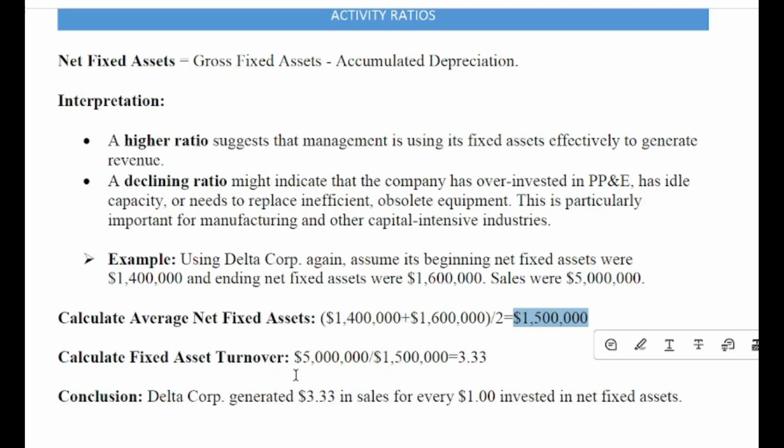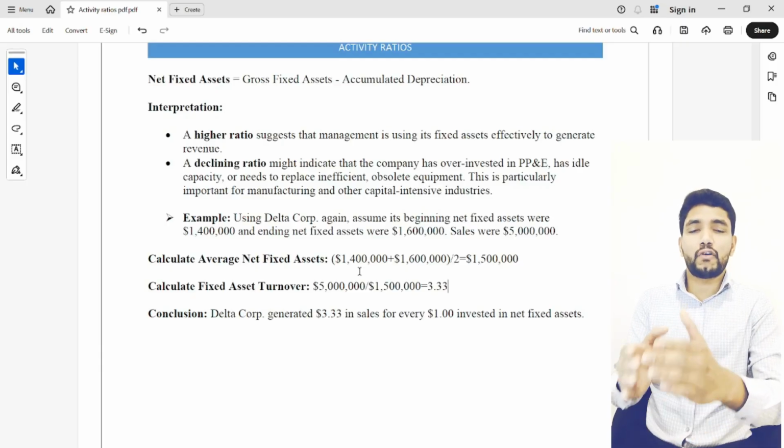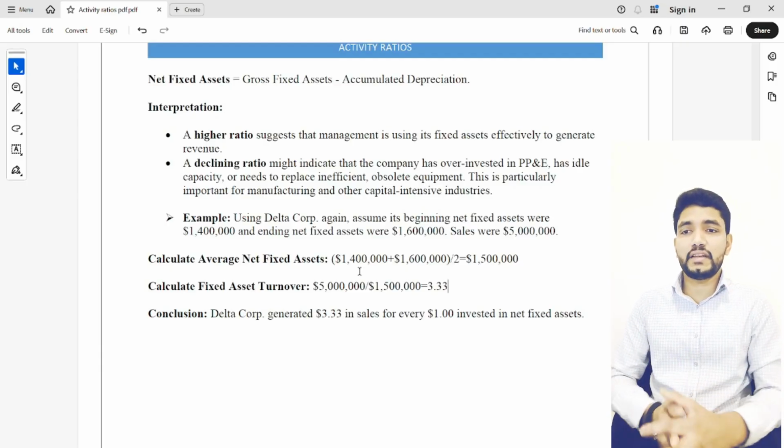Then the fixed asset turnover ratio is sales divided by average fixed asset, that means 5 million divided by 1.5 million, 3.3. What it indicates is that this company is generating $3.3 in sales for every $1 invested in net fixed asset.